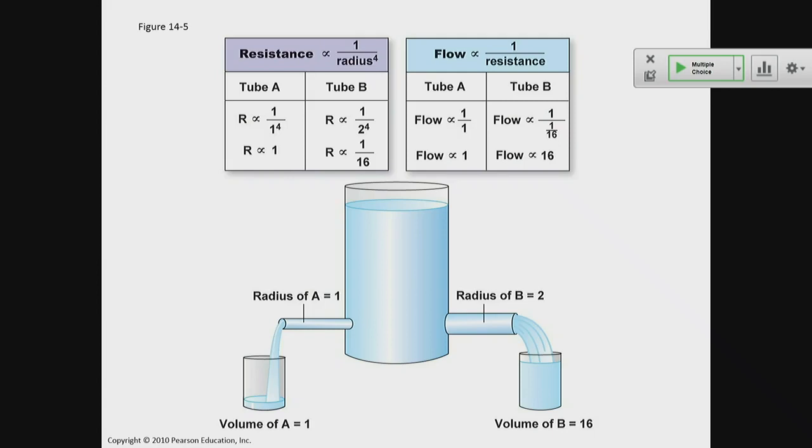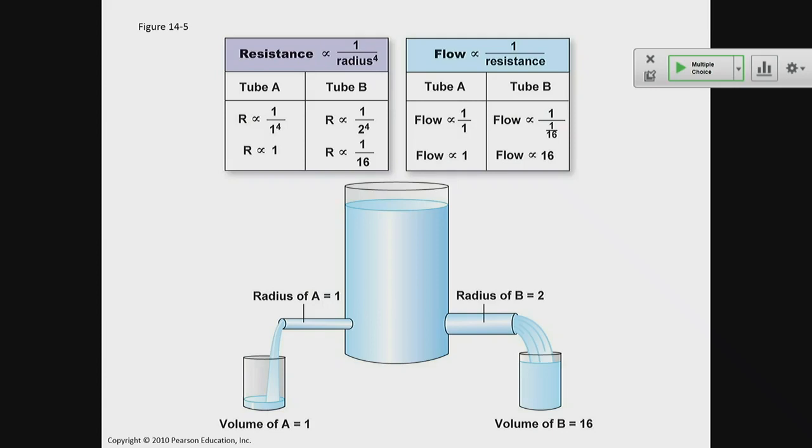Okay, so that constricts blood vessels. So that can be changed on a relatively short scale. So when we talk about changes in blood pressure, we have to take the radius of the blood vessels into account.